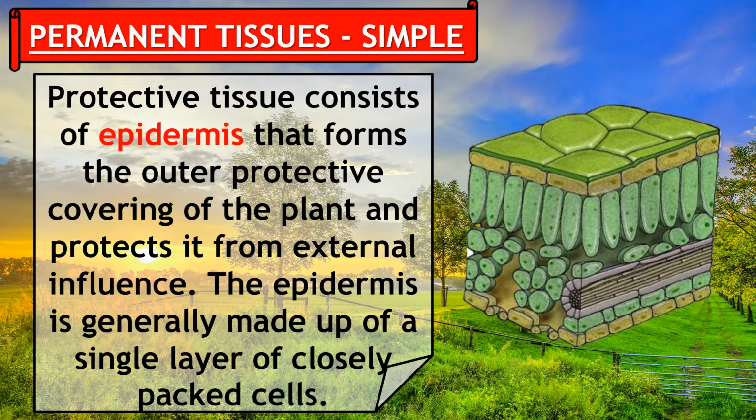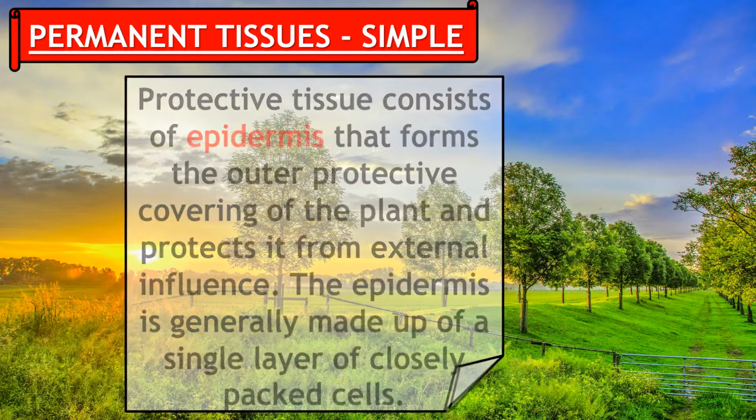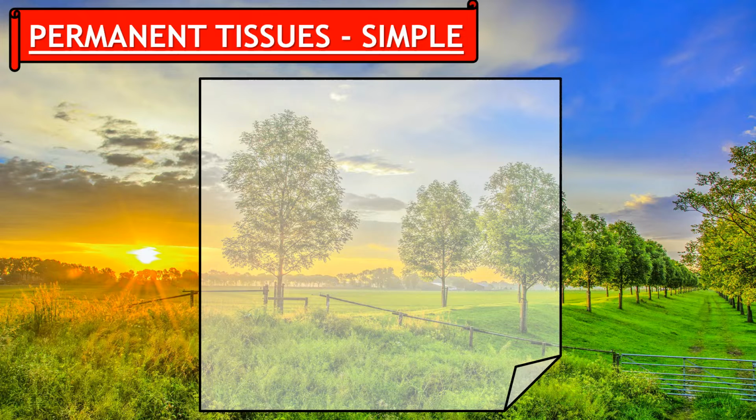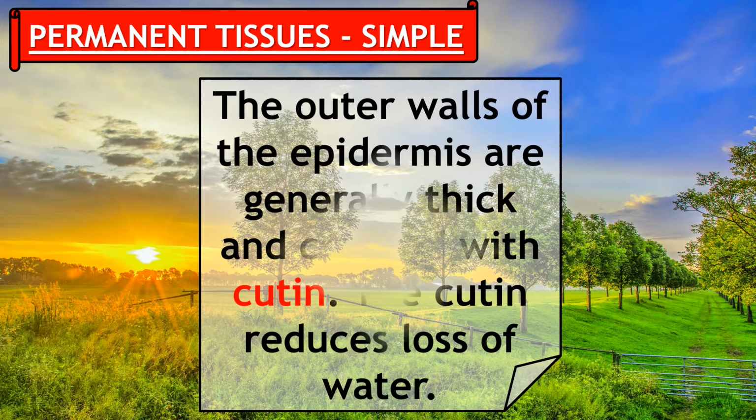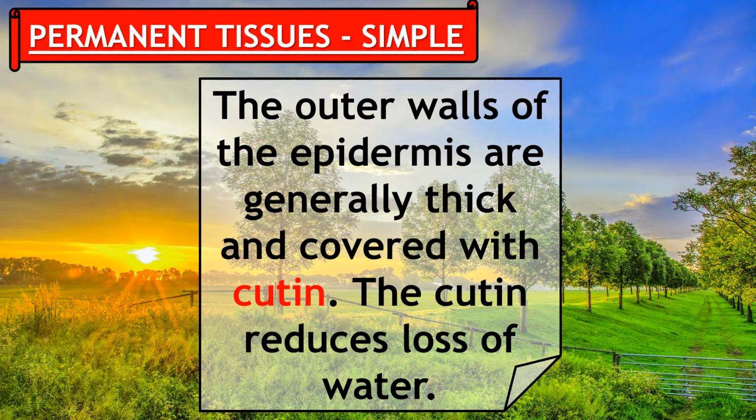The epidermis is generally made up of a single layer of closely packed cells. The outer walls of the epidermis are generally thick and covered with cutin. The cutin reduces loss of water.